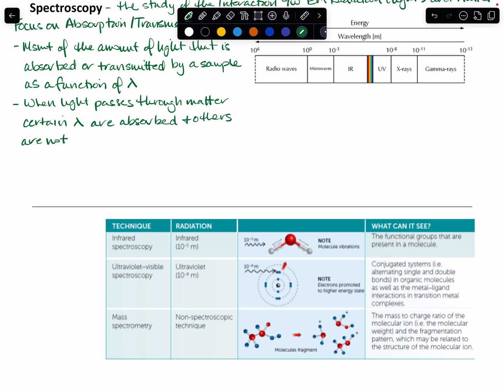All right. So when energy is absorbed, what is the atom doing with it, or what is the molecule doing with it?